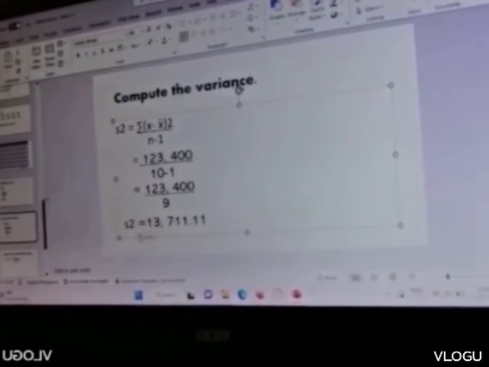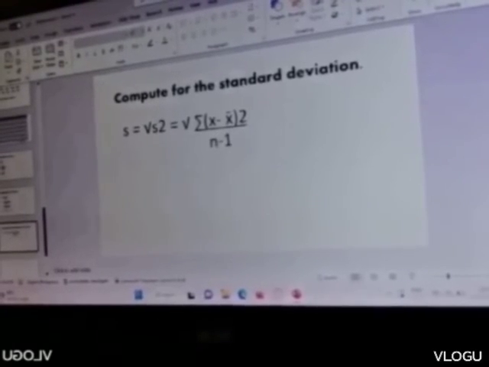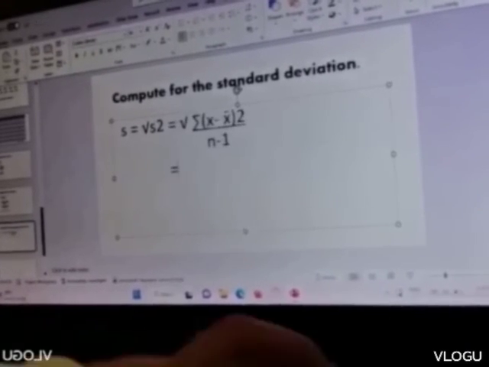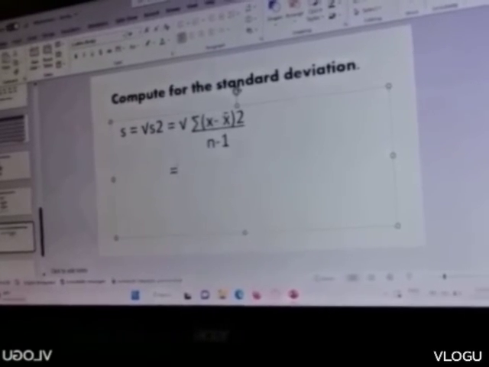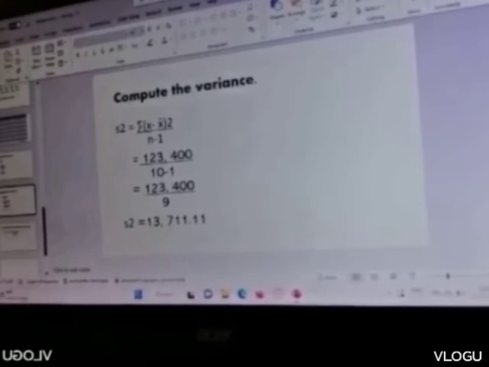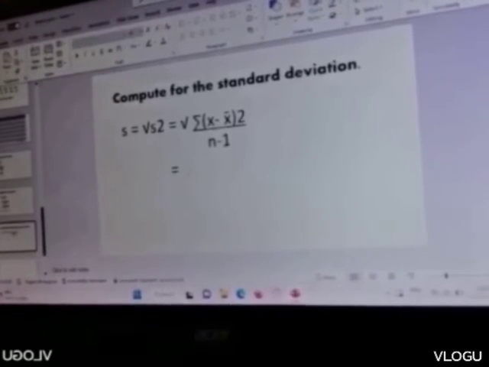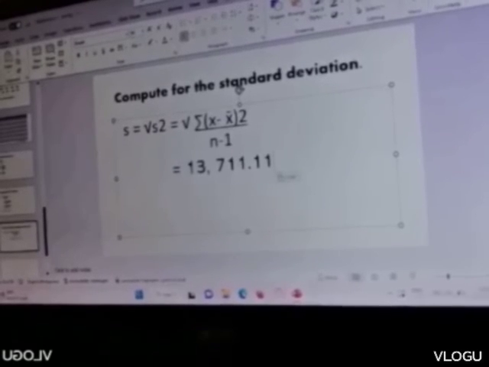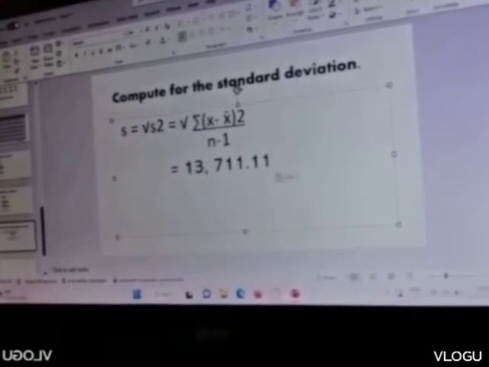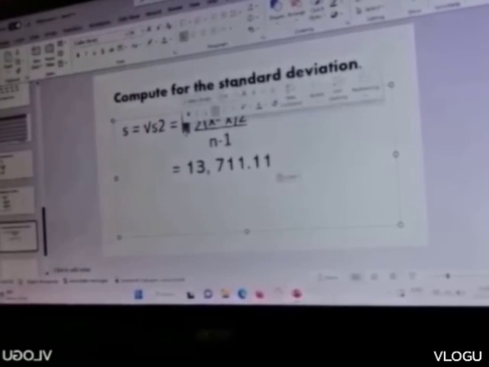We're done with computing the variance, so we'll proceed to computing the standard deviation. Again, same process. The standard deviation, this is the variance. So the variance is 13,711.11. But we have to square root it, so we'll put the square root here.